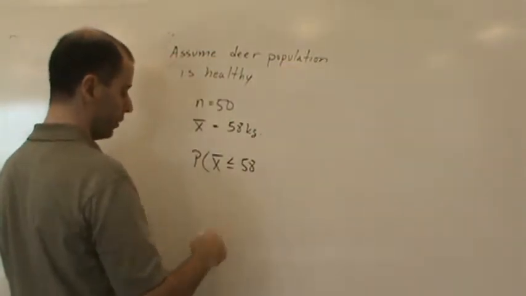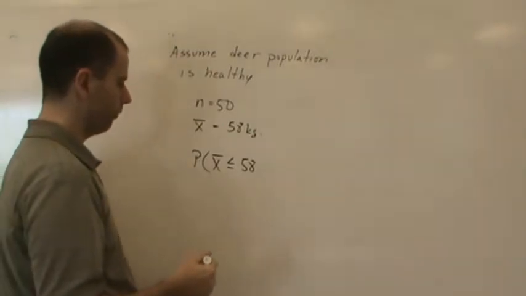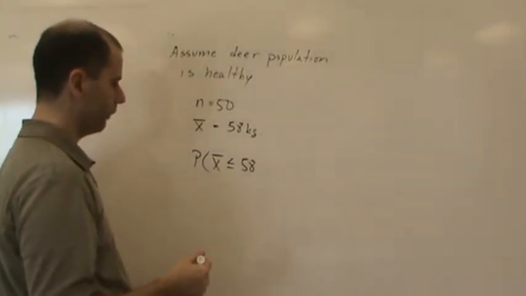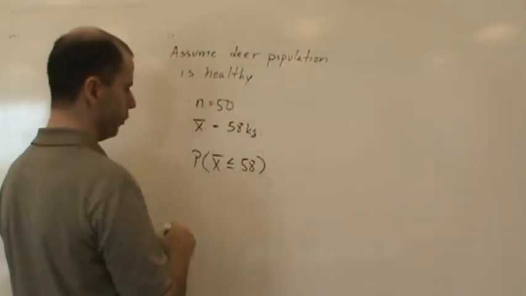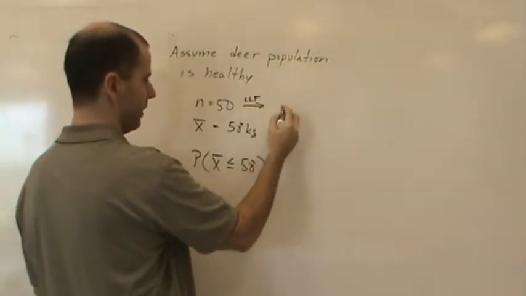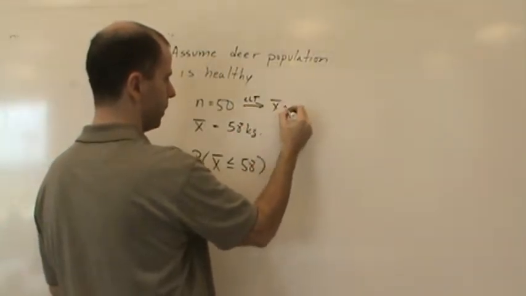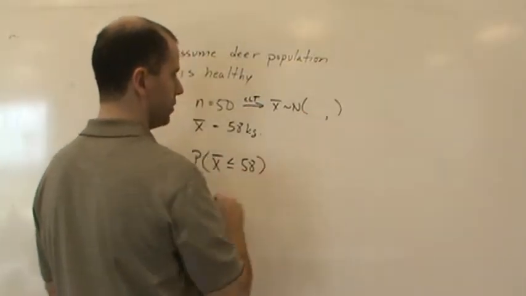okay? Or if we want to use the rule 60, based on the distribution of X bar being normal. And of course, the central limit theorem gives us that in this case, so we know that X bar is going to be normal, right? With a particular mean and standard deviation.